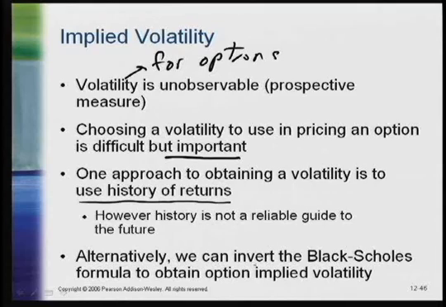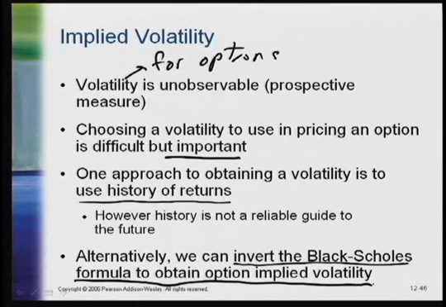Alternatively, we can invert the Black-Scholes formula to obtain an implied volatility. The idea is this: let's say we're interested in pricing an option on a high-tech company stock, and we observe that the market is trading an option on a close competitor, again a high-tech company.